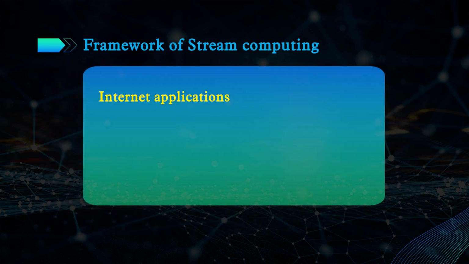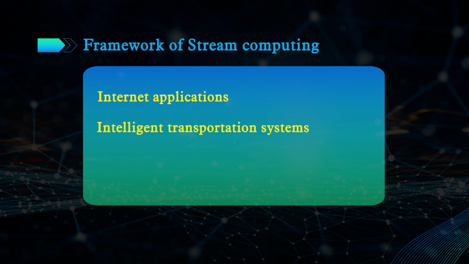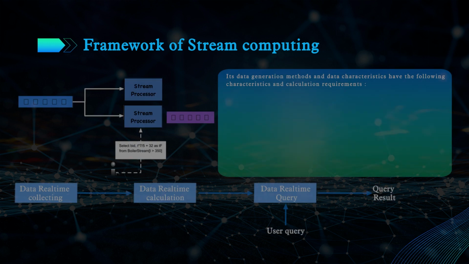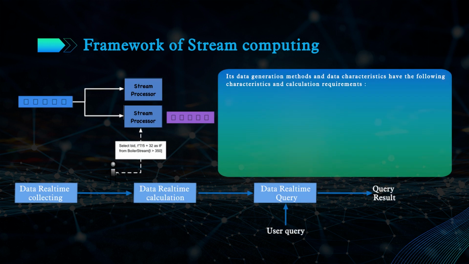However, in Internet applications like user web click tracking, online real-time recommendation system, etc., intelligent transportation system, wireless sensor network monitoring, and other fields, its data generation method and data characteristics have the following characteristics and calculation requirements.